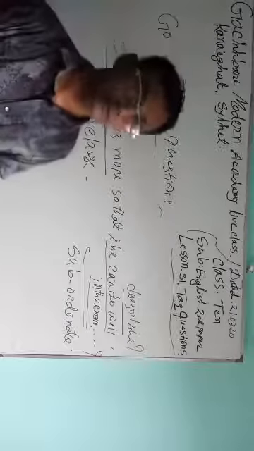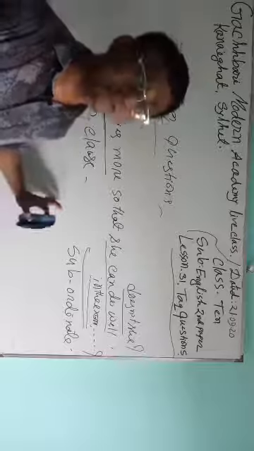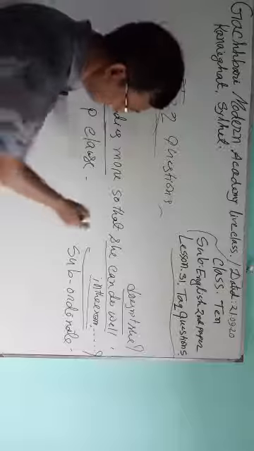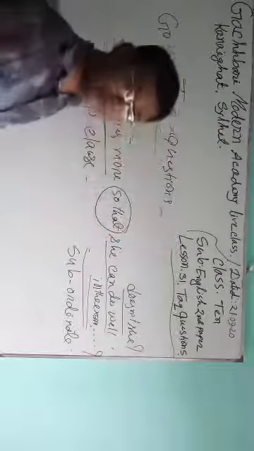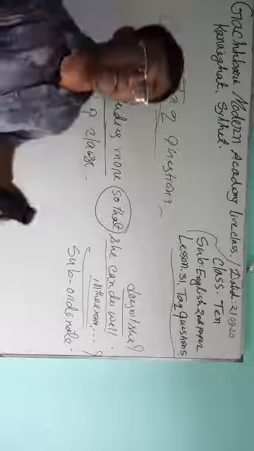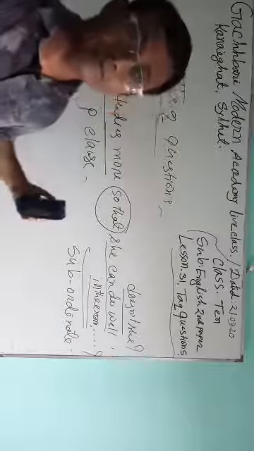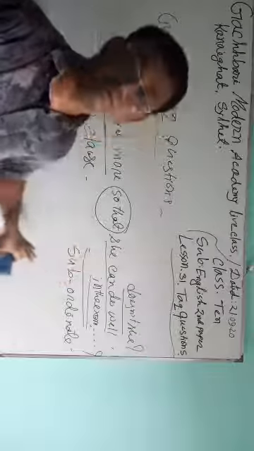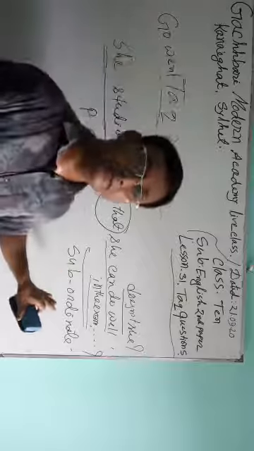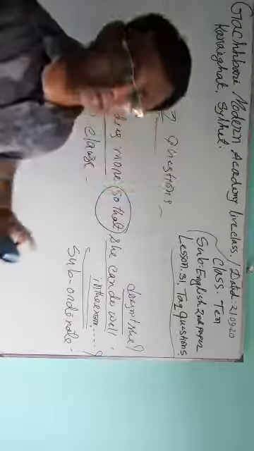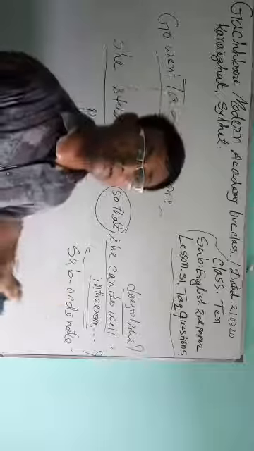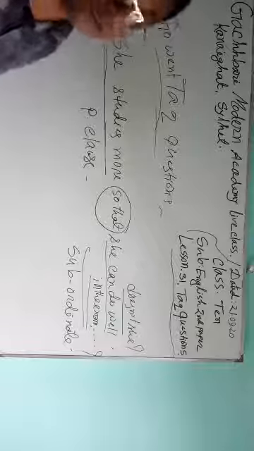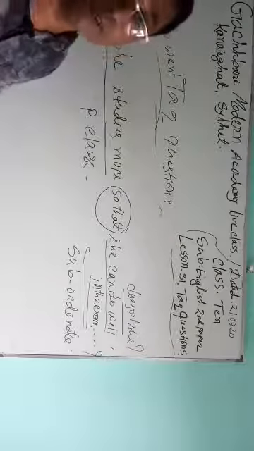Now, how can you identify whether the sentence is complex or not? Look at the board. See that I use a conjunction. It is a subordinating conjunction. And you remember, every subordinate clause contains a subordinating conjunction. Now, I would like to show you some subordinating conjunctions.